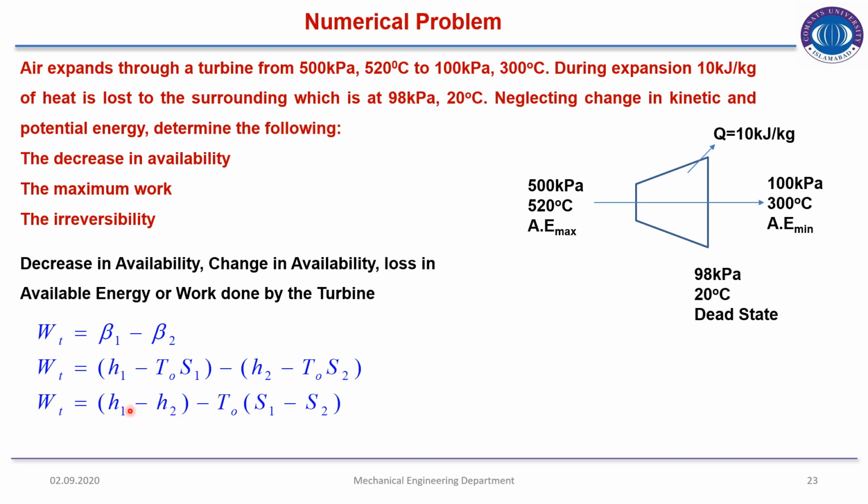Here we have different temperature and pressure values as well. So the work done by the turbine is calculated by h1 minus h2 minus T naught (s1 minus s2).